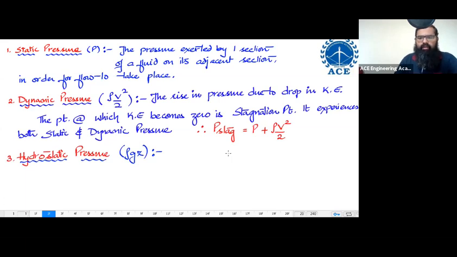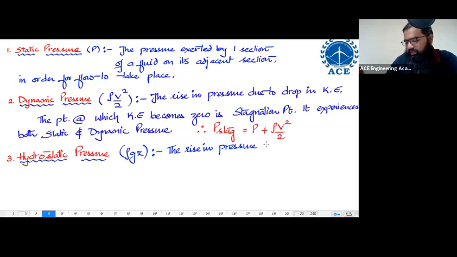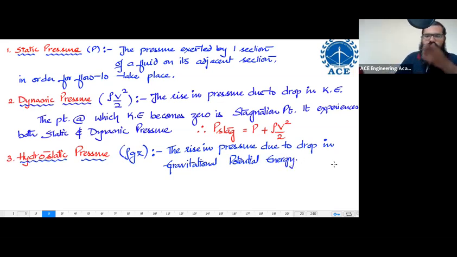It is the rise in pressure due to drop in gravitational potential energy. The rise in pressure on account of drop in gravitational potential energy is known as hydrostatic pressure.